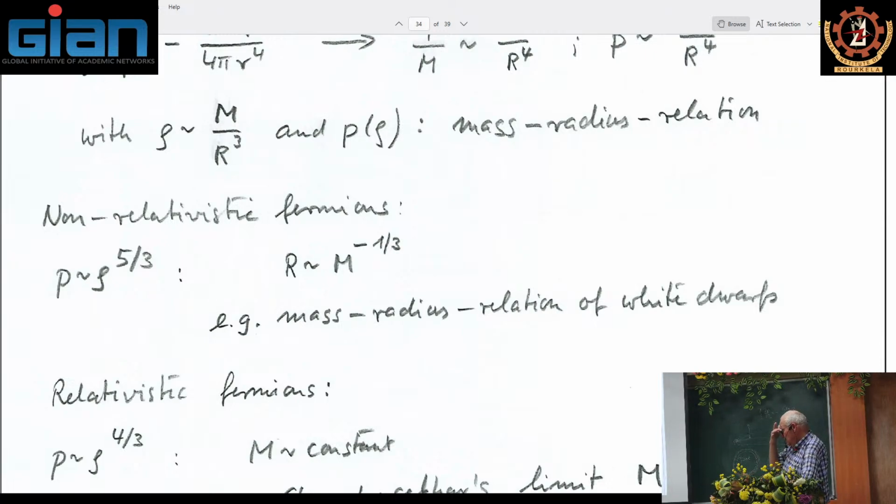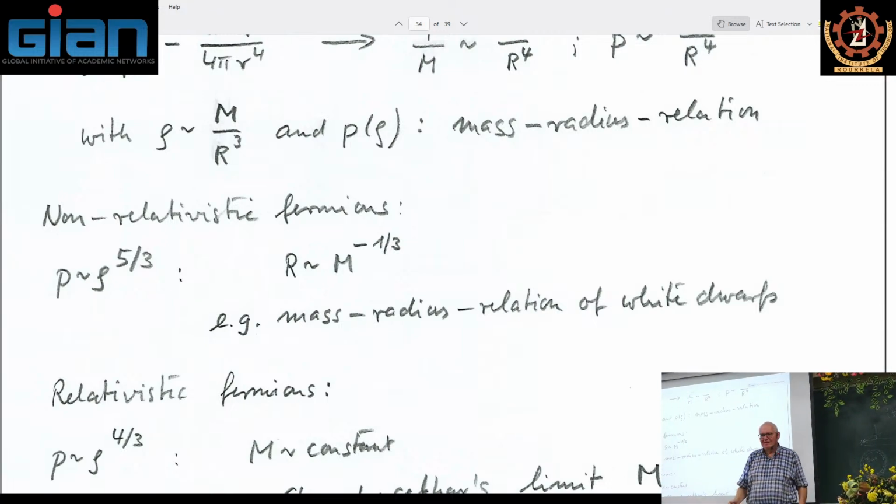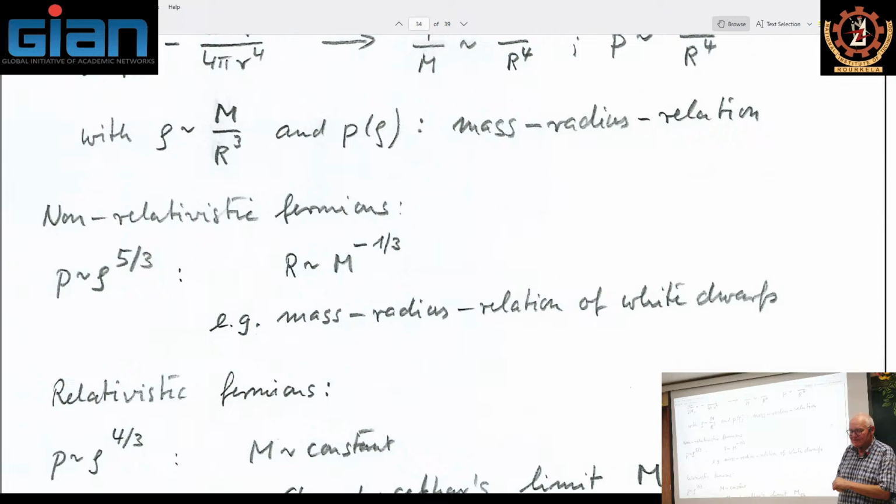What does it mean? If we have a configuration or a star which is characterized by this equation of state, it means there is only a single mass possible. What happens if the mass is smaller than this value? Well, gravity will be smaller than in the case of this constant mass given here.